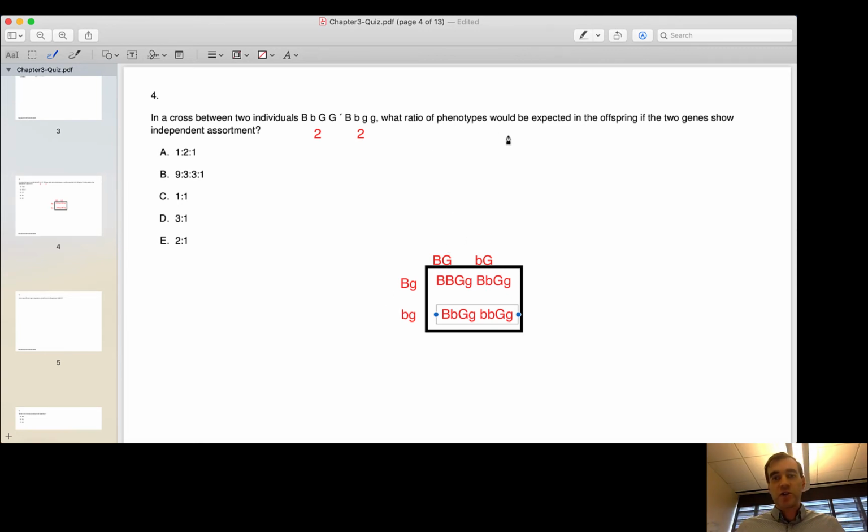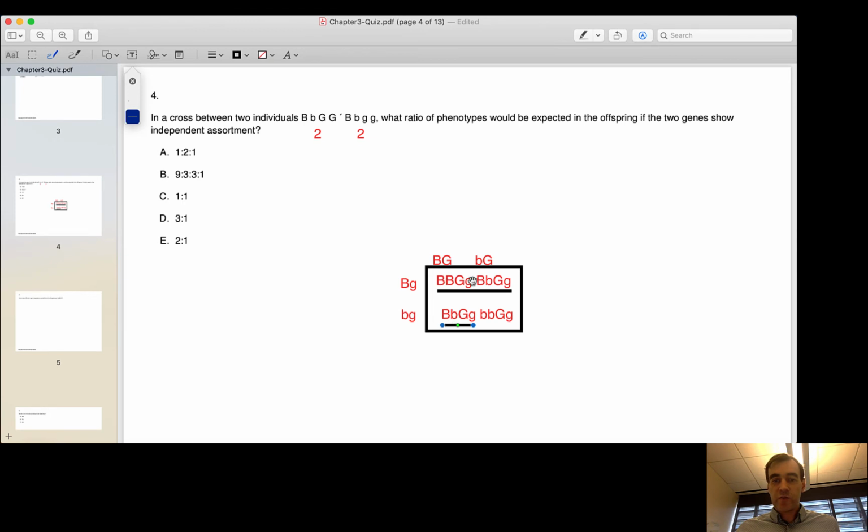So I'm looking at the ratio of phenotypes that would be expected in the offspring if the 2 genes show independent assortment. So then I have to group these further. So these 3 genotypes should all share the same phenotype because we're assuming dominant recessive relationships here.